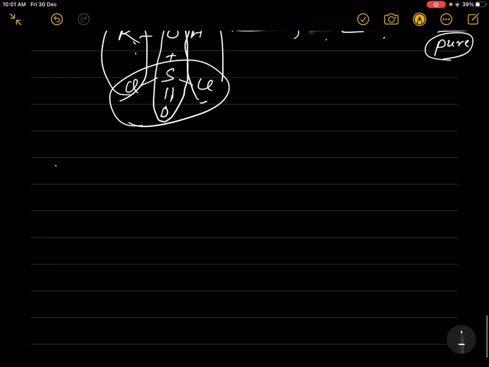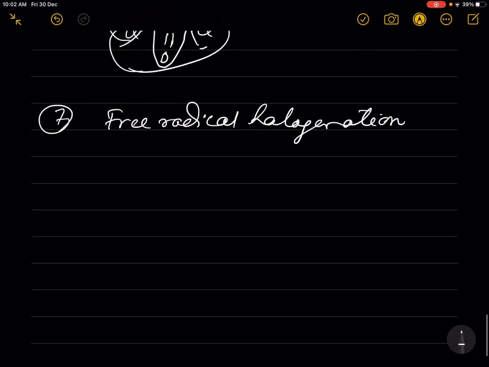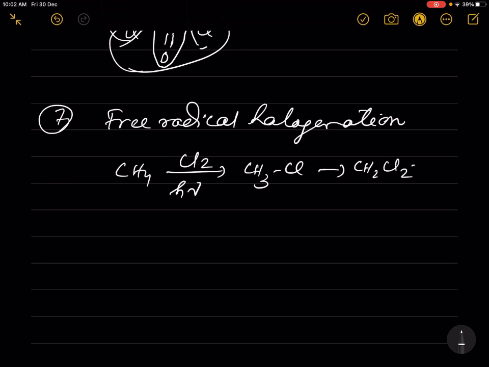Number 7, by free radical halogenation. You see, when methane is treated with chlorine in presence of diffuse sunlight, you get CH3Cl, then CH2Cl2, CHCl3, CCl4, as you have studied in 11th.